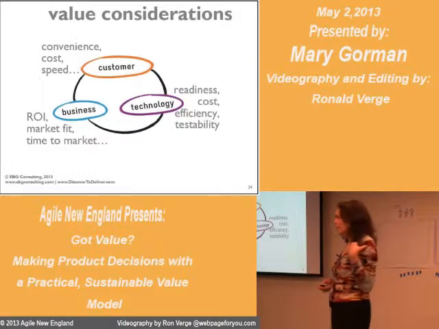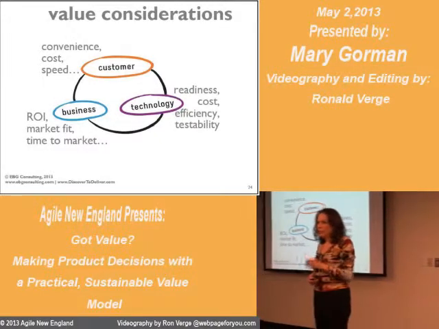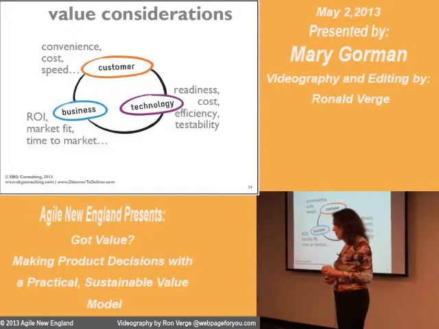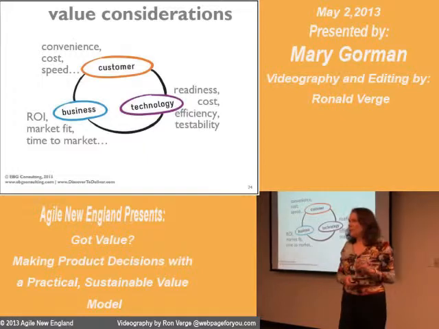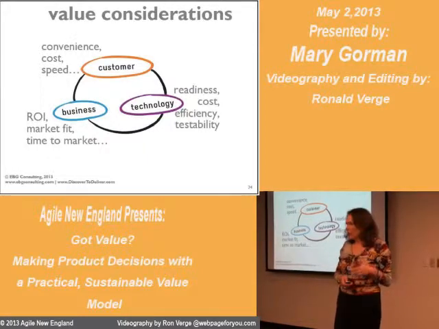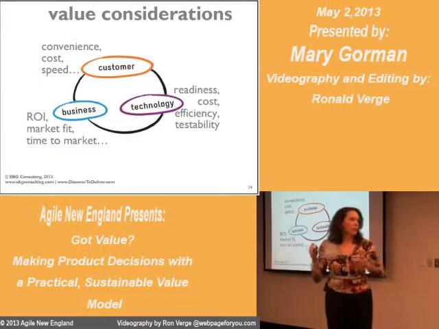And then certainly from technology: are we ready to be able to utilize that particular technology? What would be the cost of that? What's the efficiency of that hardware, software environment? And certainly, is it testable? So right off the bat, you can see these are unique.